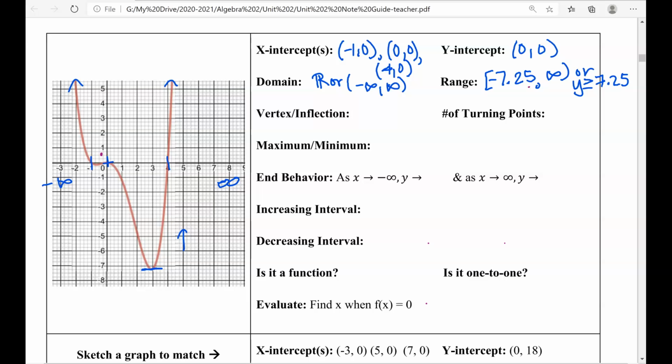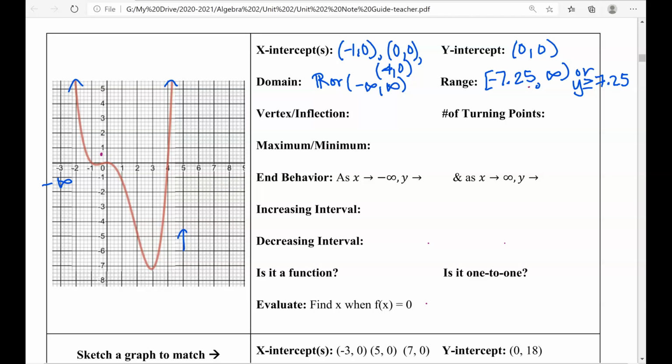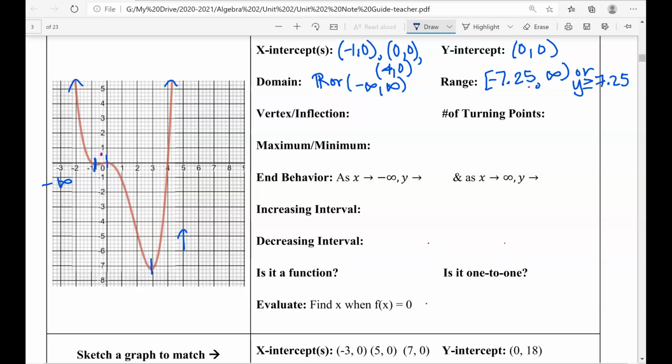Vertex, ooh, man, we're going to have a few of these, so let's look for them. We have one right there, one right at the origin, and one over here. So if I were to take the first guess, the first vertex, let's see what that y value is.